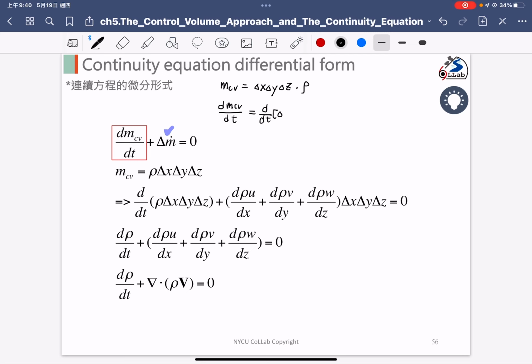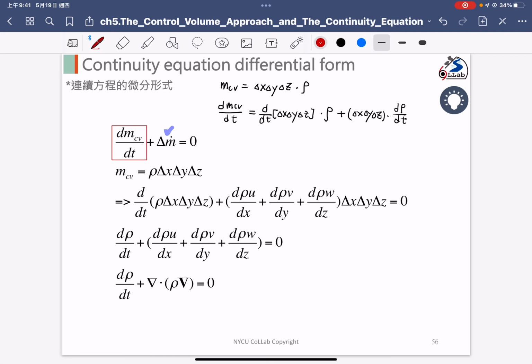of delta x, delta y, and delta z times the density, plus delta x, delta y, and delta z times ∂ρ/∂t.